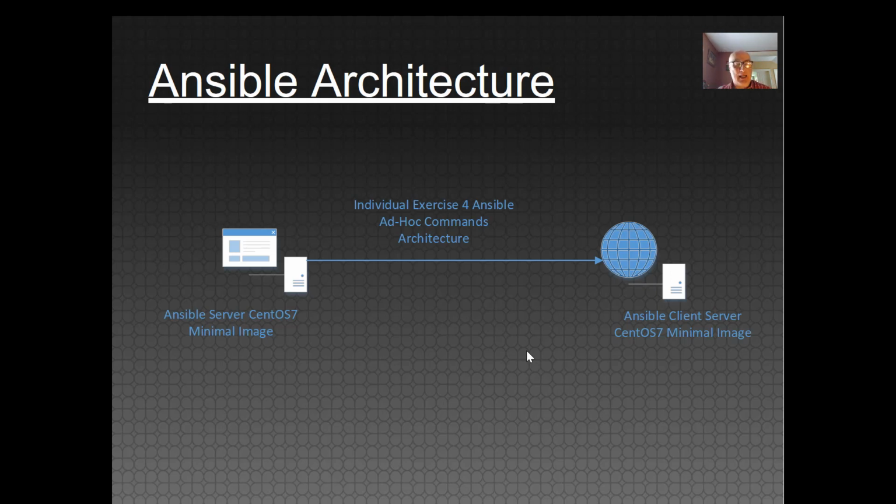But if you're doing a lot of extra work with Ansible, then you might want to think about using a full desktop, and then you've got access to all those different tools over there. You may end up doing your Ansible configurations off the command line, but sometimes it's nice to have the extra tools. But in essence, this is all that you need. You need a server and you need a client.